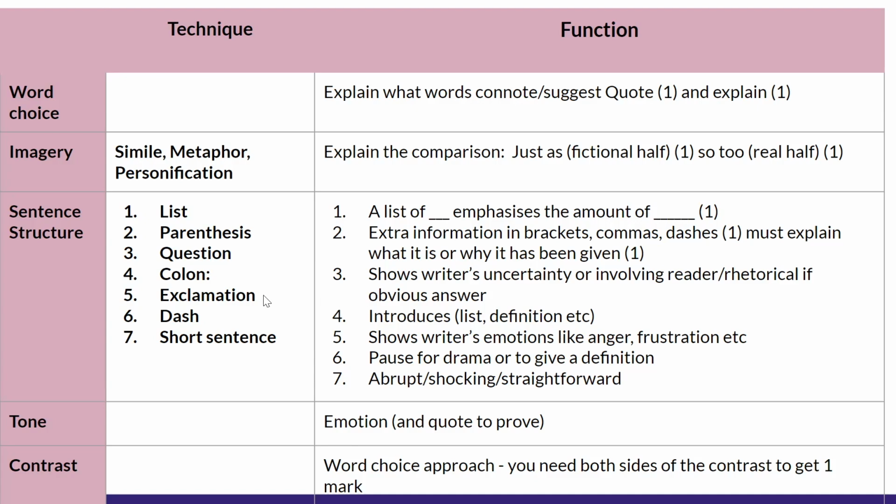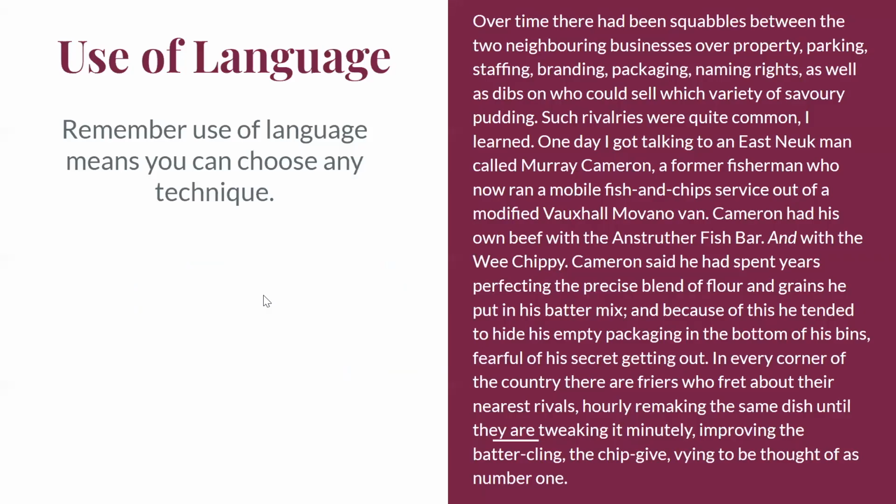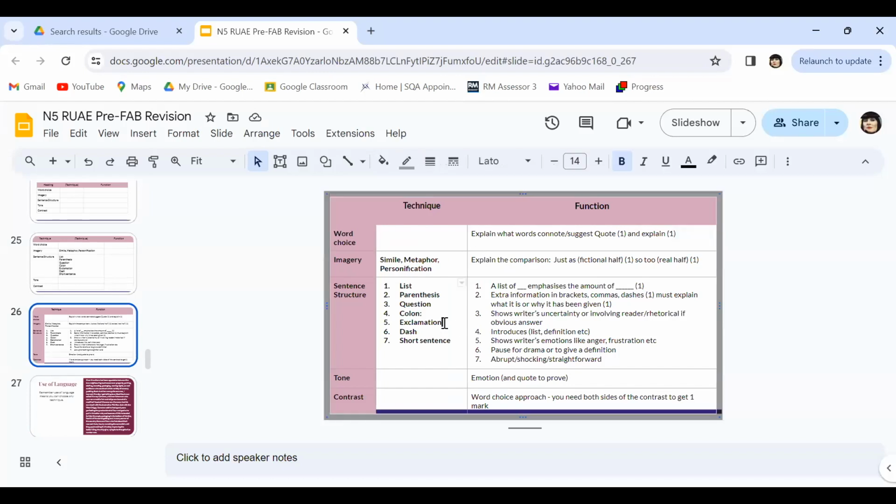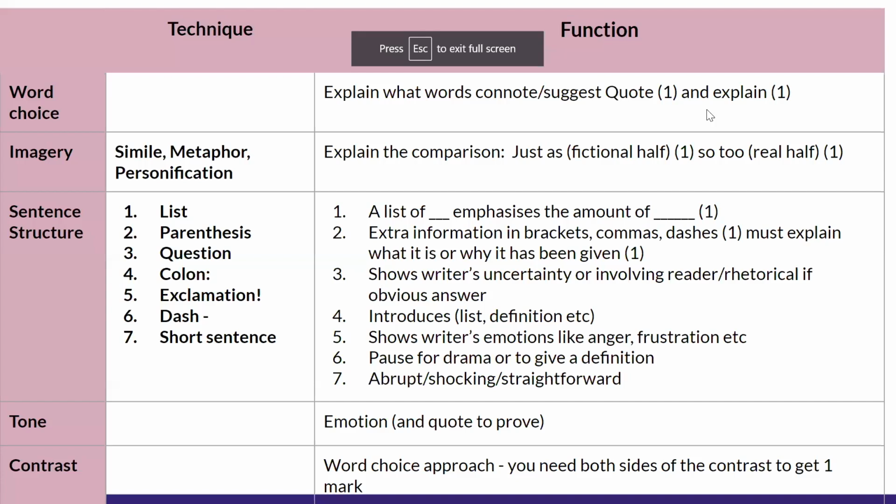Exclamation mark possibly should also, whoops, going completely rogue here. Exclamation mark, just in case you've forgotten what that is, and a dash is that. So basically, the exclamation mark shows the writer's emotions: anger, frustration, humour, that sort of thing.